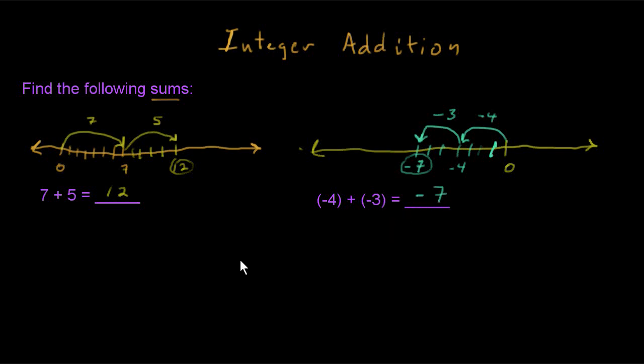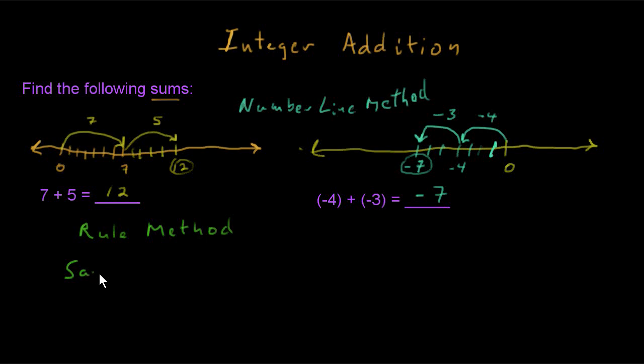Now that's one method, and we could call this the number line method, I guess, because we used a number line. But we could also use a rule. The second method to do the same problems, we'll call the rule method. Notice in the problems that we've had here that we've had the same sign.